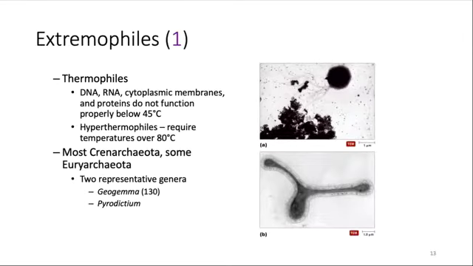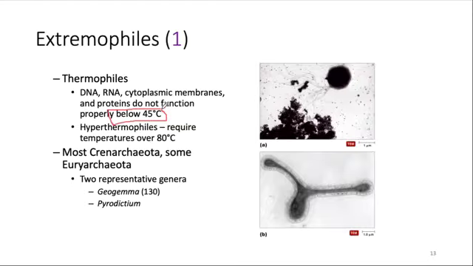For the Thermophiles, the proteins that they synthesize, their DNA, RNA, membranes and the cellular composition generally cannot function properly at temperatures below 45 degrees. So they need higher temperatures in order to stay alive.